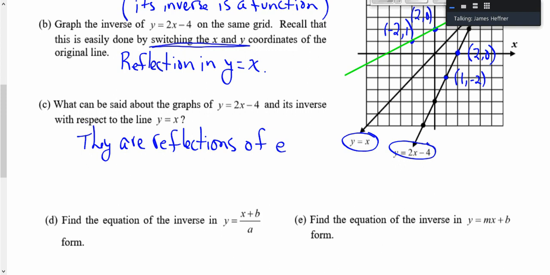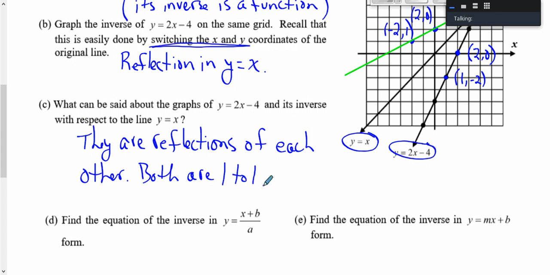And are they both one-to-one functions if we did the horizontal line test? Yes. So both are one-to-one.